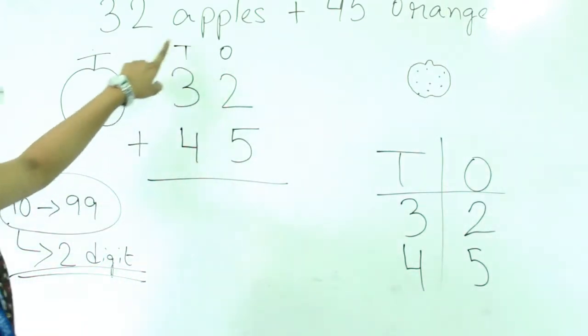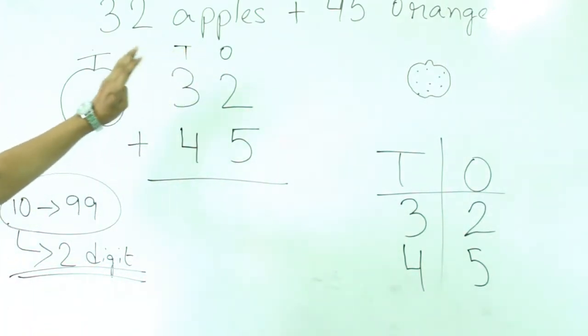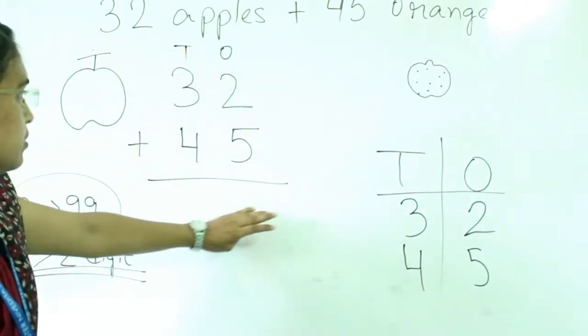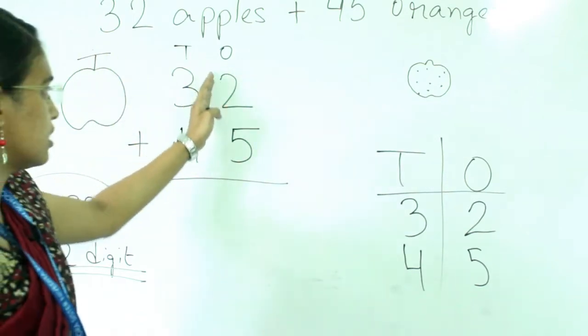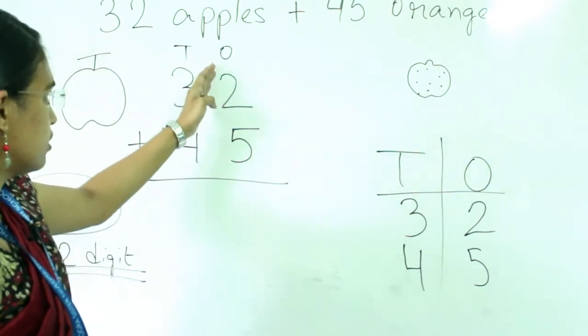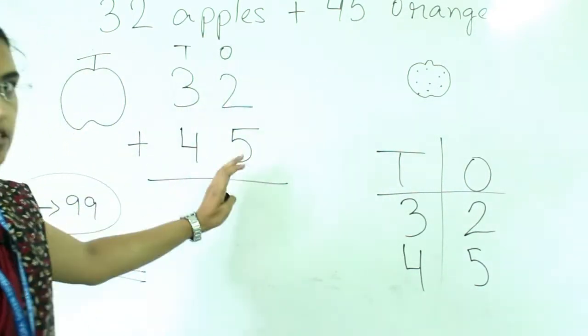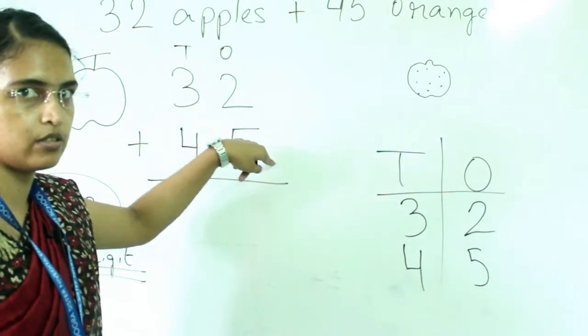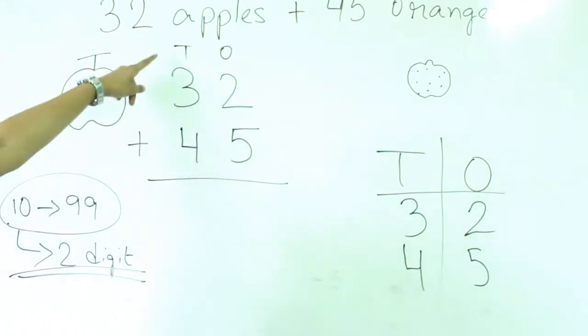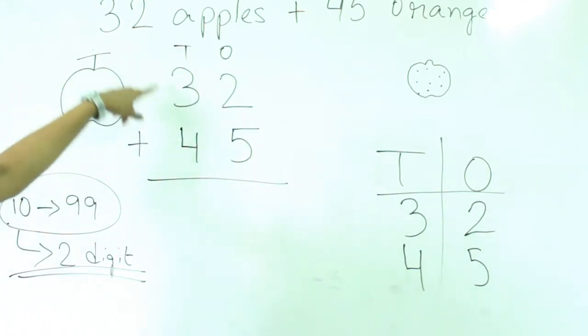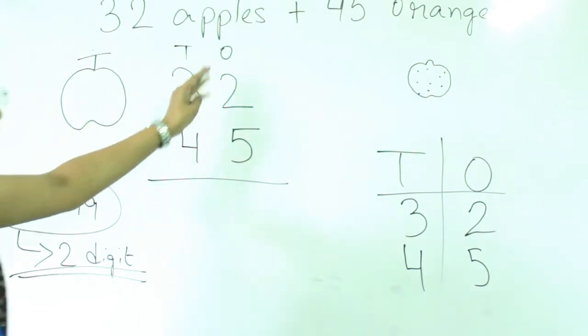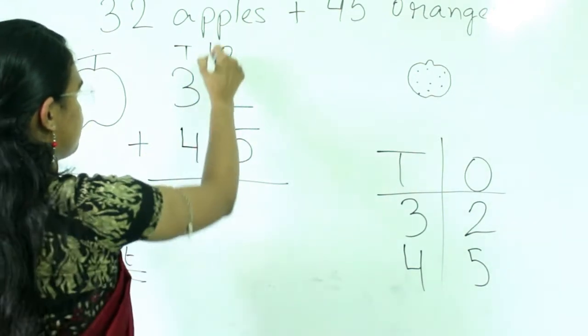Now when you are doing addition of 2-digit numbers, first you have to add the ones. Whatever the number is given in the ones place, first you have to add those numbers. After that you have to add the tens place numbers. Okay. So first we will add this part.